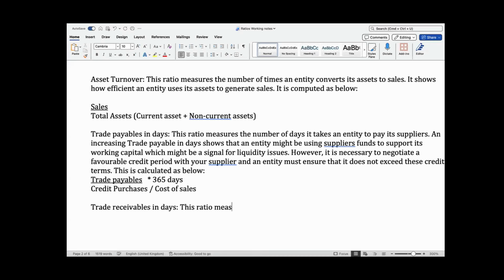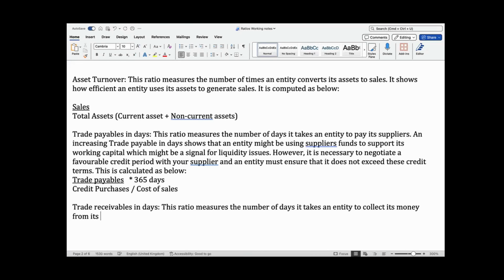But trade receivables in days, this ratio measures the number of days it takes an entity to collect its money from its customers. Of course, the lower the better. Collect your money earlier.